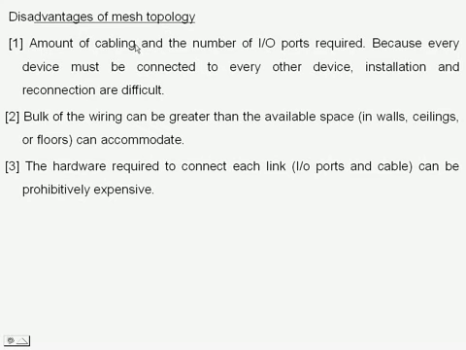So, the amount of cabling and the number of I/O ports required is large, because in the above example 5 stations are interconnected. If one station wants to be connected to all other remaining 4 stations, it should have 4 ports and 4 separate cables. Bulk of wiring can be greater than available space. The hardware required to connect each link can be prohibitively expensive.